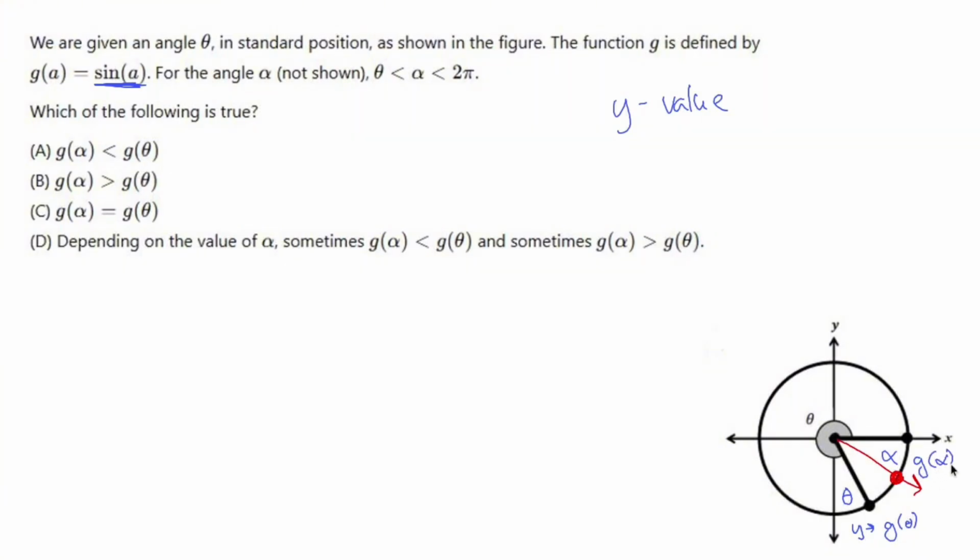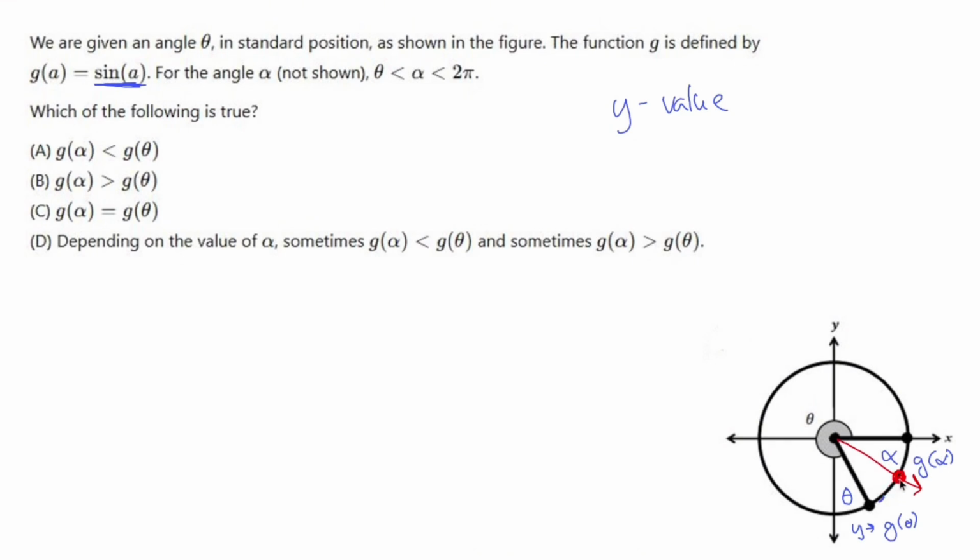for this red dot, the y value is going to be g of alpha. What happens here is, if we're looking at y values, no matter where I put this dot, and let's see if it'll let me move it. No, it won't. Let me try this button. There we are.